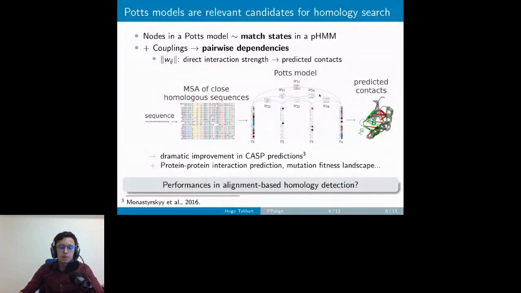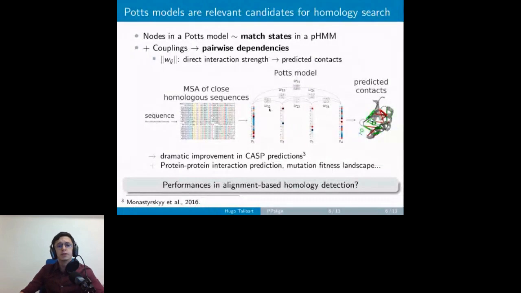So initially, Potts models were introduced to predict coevolution between residues, since the norms of these pairwise coupling parameters were shown to be great indicators of a direct interaction strength between positions. And this led to a breakthrough in the field of contact prediction.